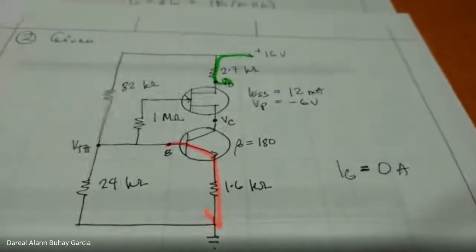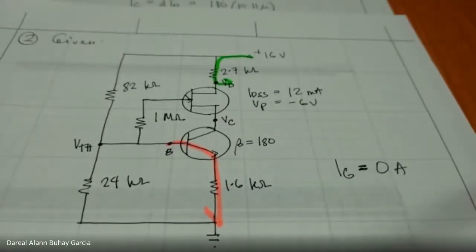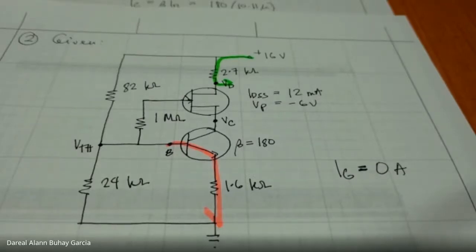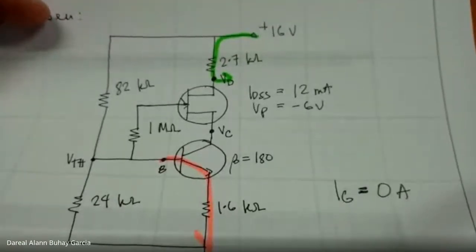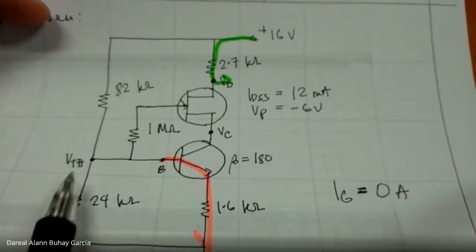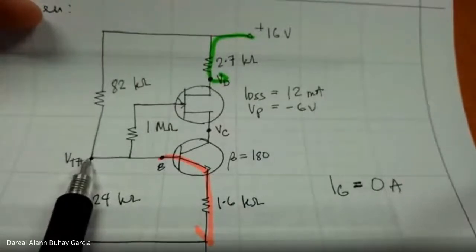Si VC lang dayon. Si VTH is equal to VB.